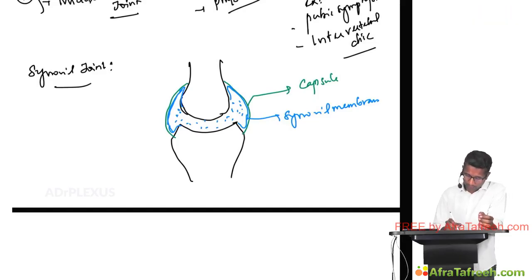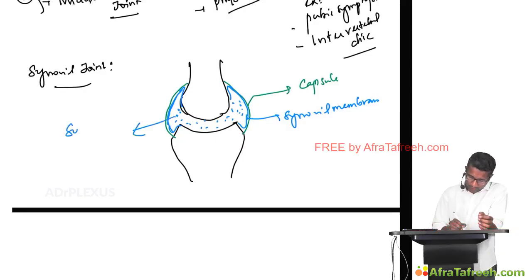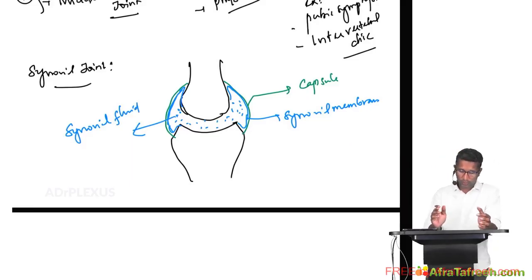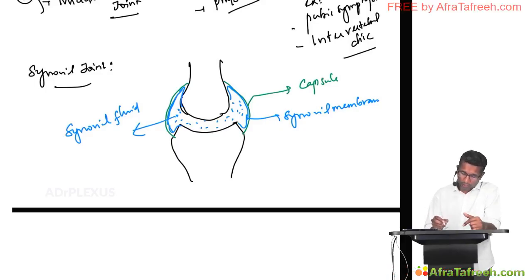So when you take a synovial joint, it will have a capsule, it will have a synovial membrane, and that synovial membrane will produce fluid within it, called synovial fluid.